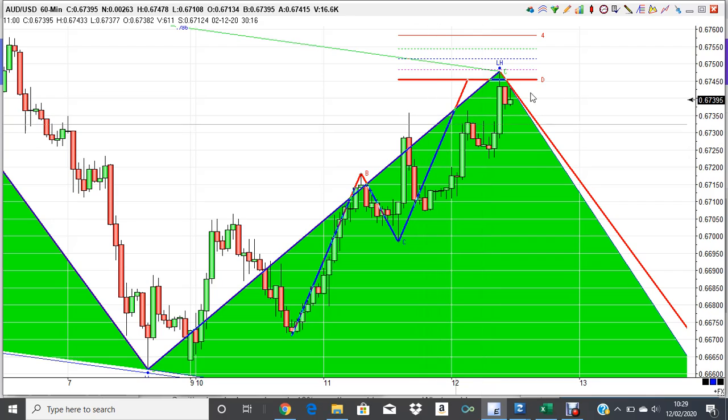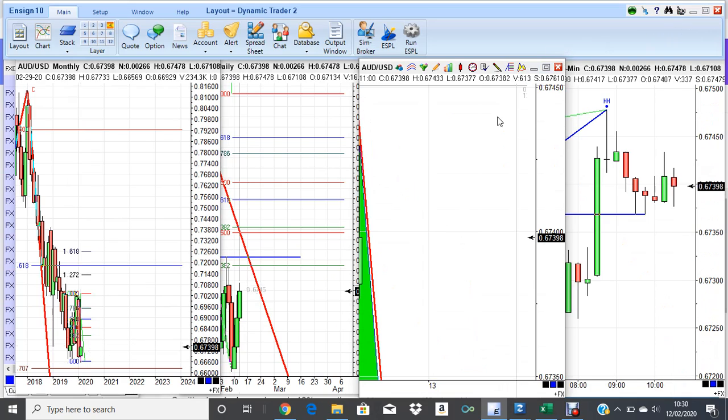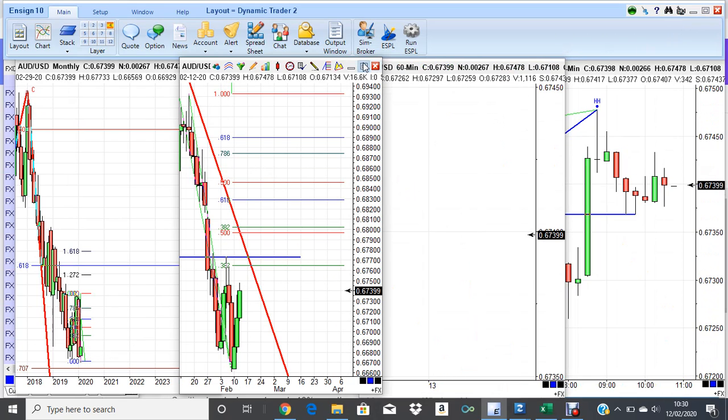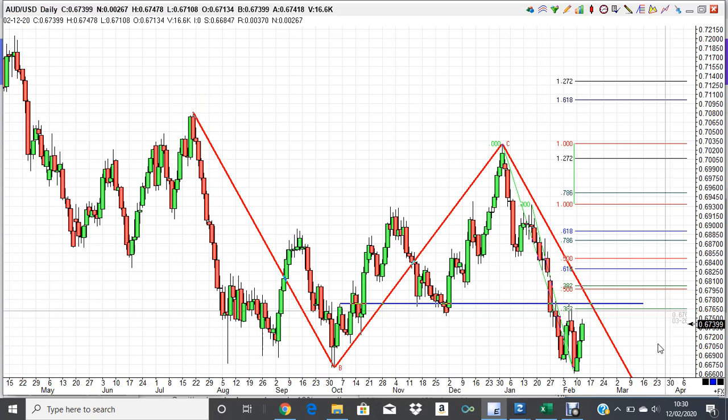All we're basically doing is selling the short-term uptrend and trying to pick up the bigger term downtrend, if that makes sense. So we're using this bounce as a gift, if you like, for a nice area to look to get short. And this is what we're trying to do with this.